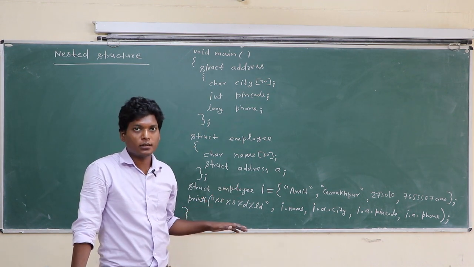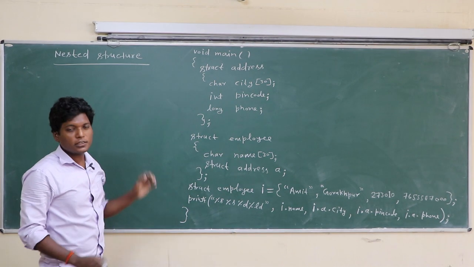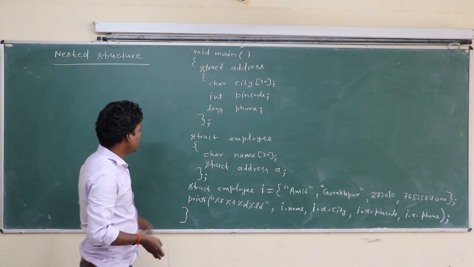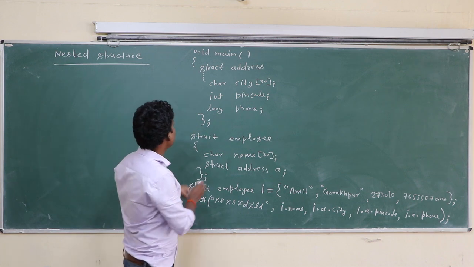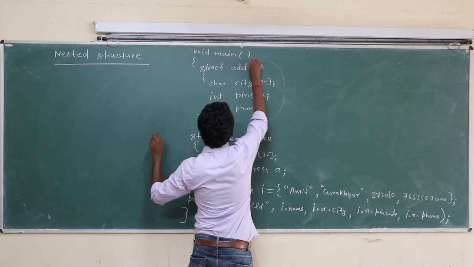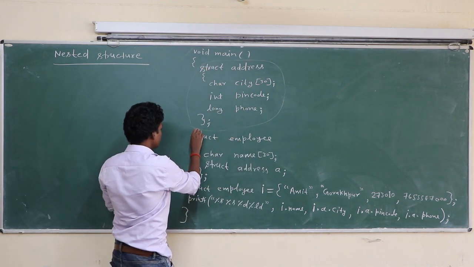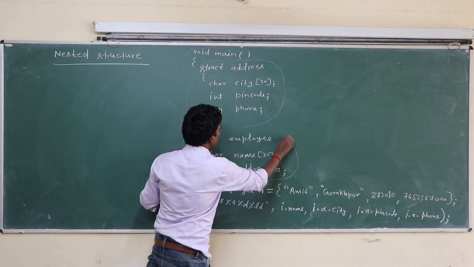Class, a nested structure is one structure within another structure. Here there are two structure data types. One is this, and the second one is this.